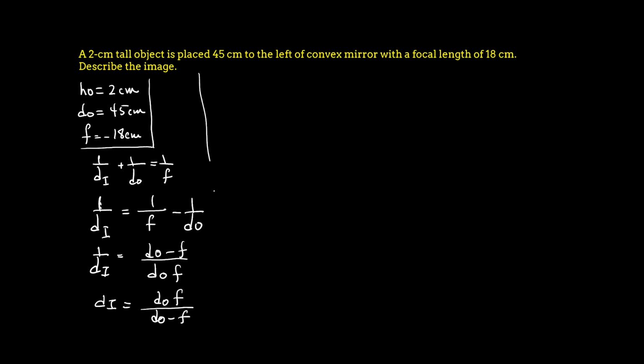And now we plug numbers in. So di, and we expect it to be negative. Okay, do is 45, f is negative 18.